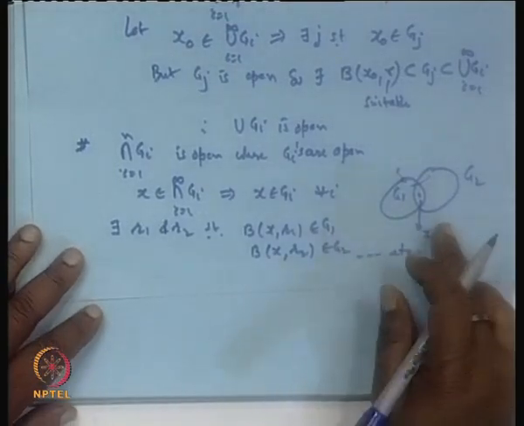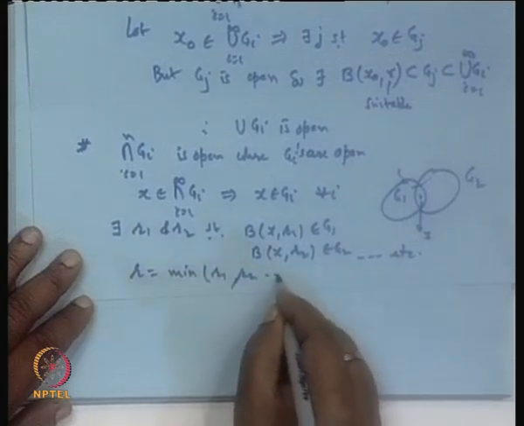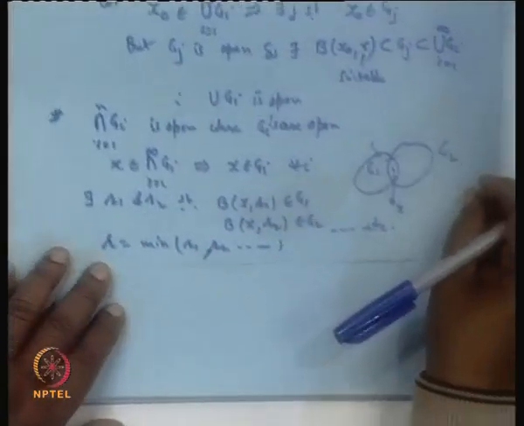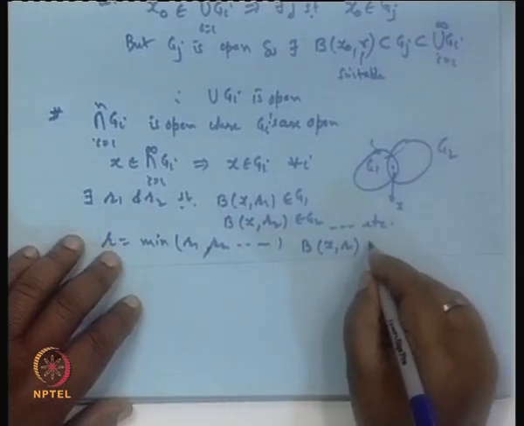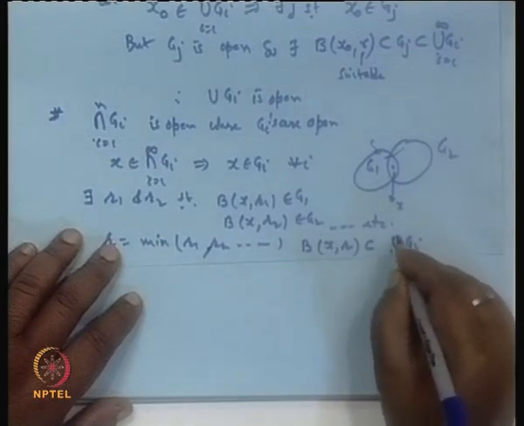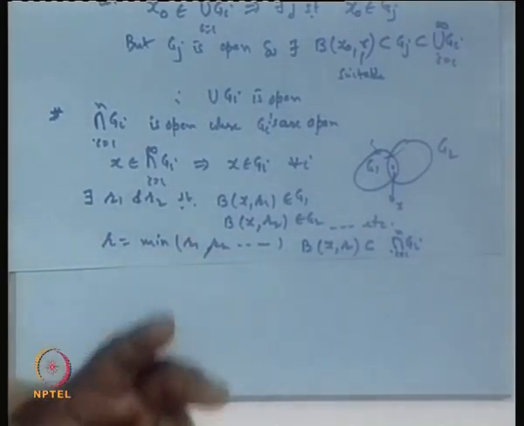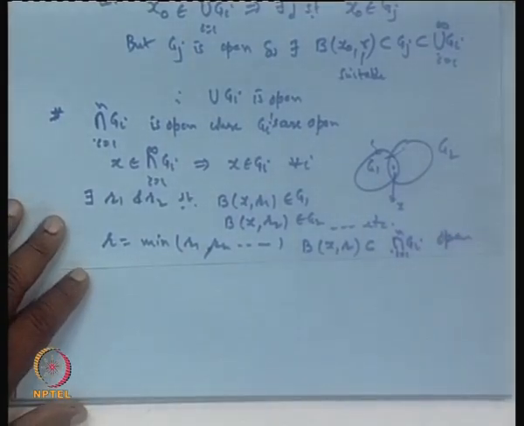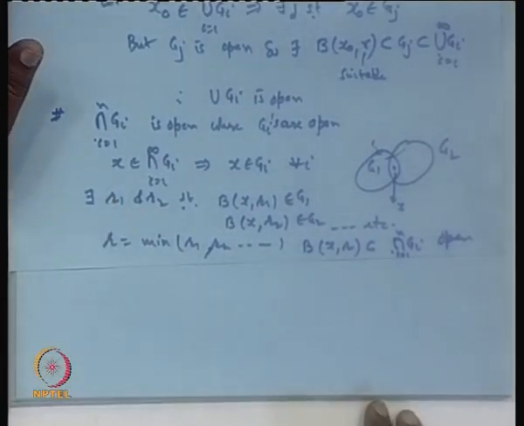Now, if I pick R as the minimum of R 1, R 2 and so on, and draw the open ball centered at x and radius R, will it not be included inside the finite intersection of G i, because it will be the smallest ball available in all the G i's. So, the intersection will be open. Clear?